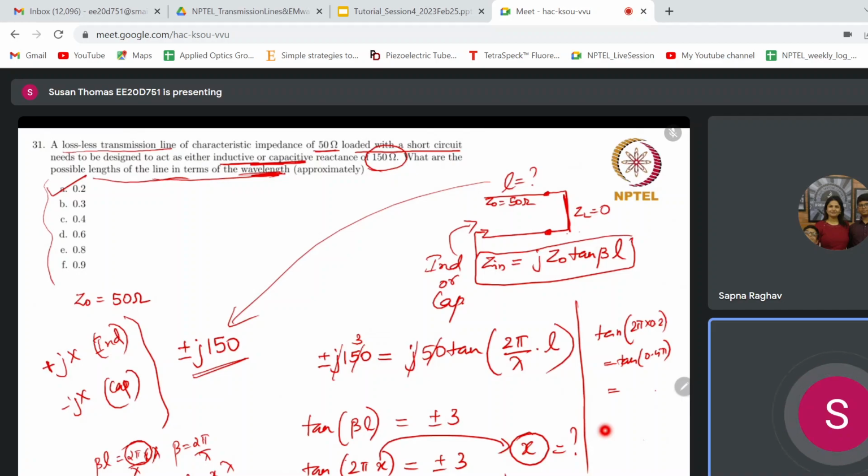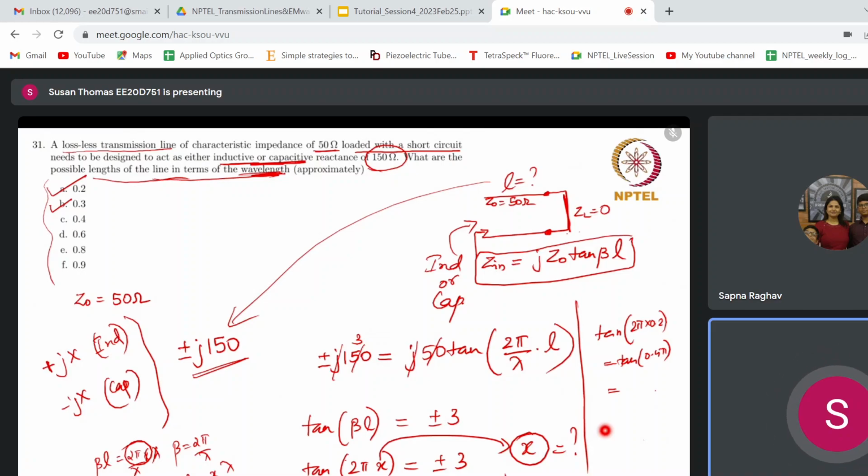Similarly, if you substitute 0.3, it will become 2 pi into 0.3, which is 0.6 pi. 0.6 into 180 will be 108 degrees.